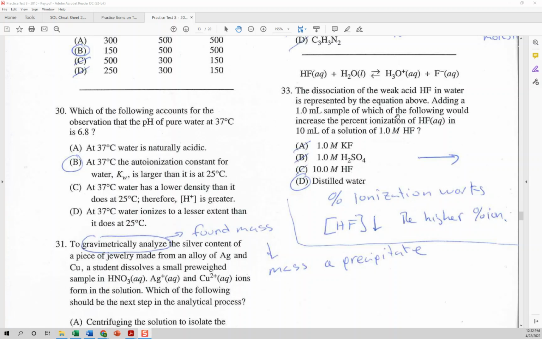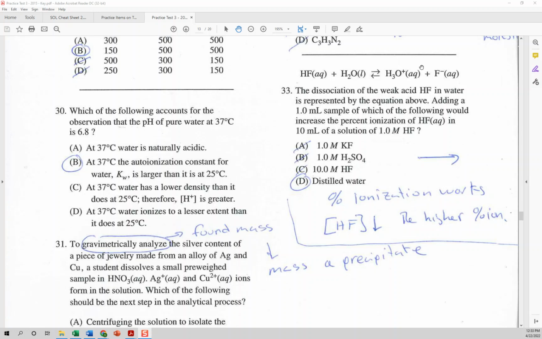So if we cause something to drive the reaction to the right but doesn't affect the initial amount of HF, then that could increase percent ionization. But another way to think about it is if we dilute the HF, we're going to get a higher percent ionization. So the correct answer there is add distilled water.